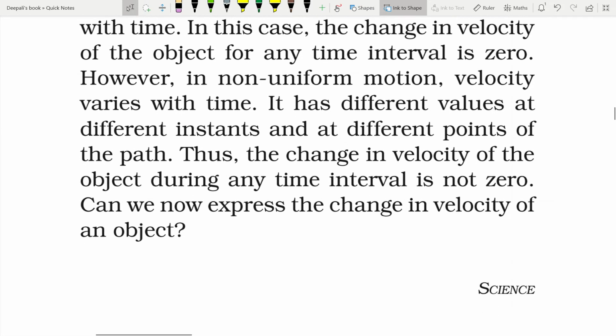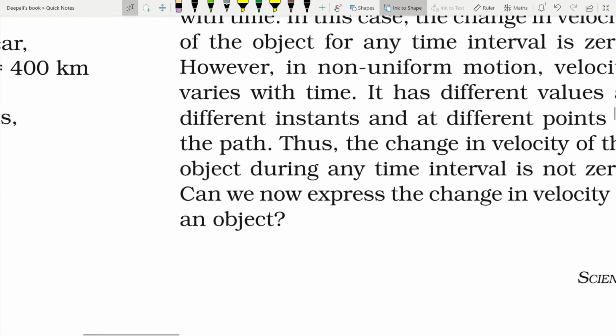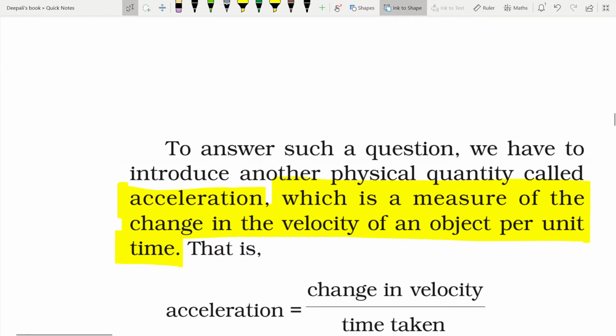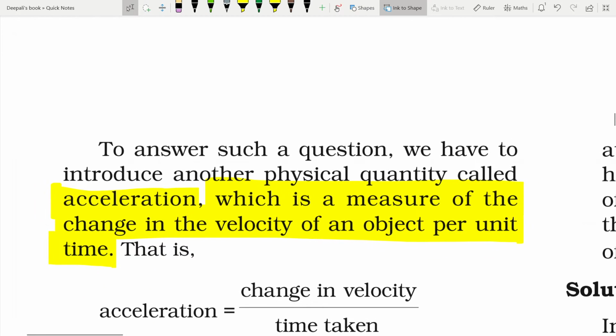Thus, the change in velocity of the object during any time interval is not zero. Can we now express the change in velocity of the object? The answer to this question says we have to introduce another physical quantity called acceleration.